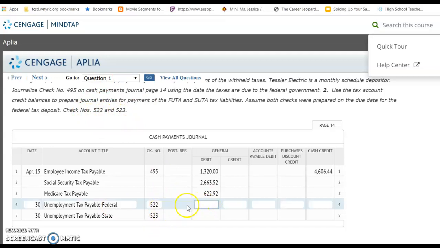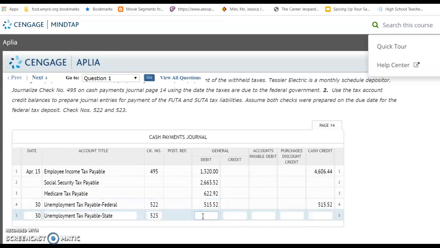And this is going to be one general debit and one cash credit for the amount that was given. So this is easy. You just look up above. The first one was 515.52.